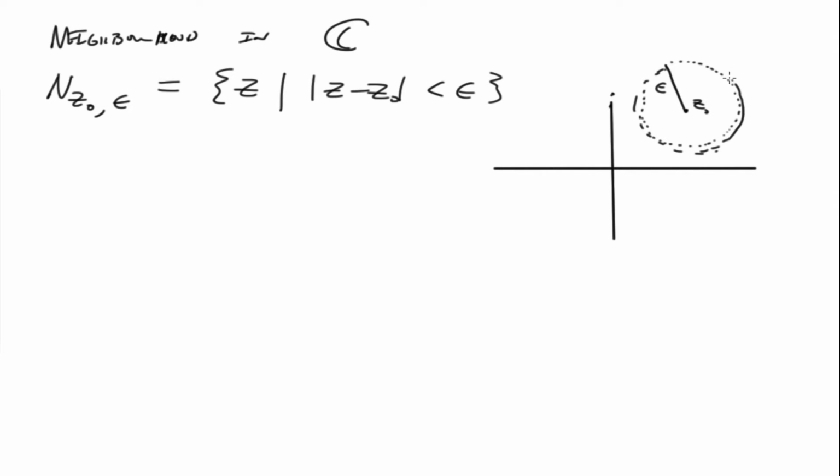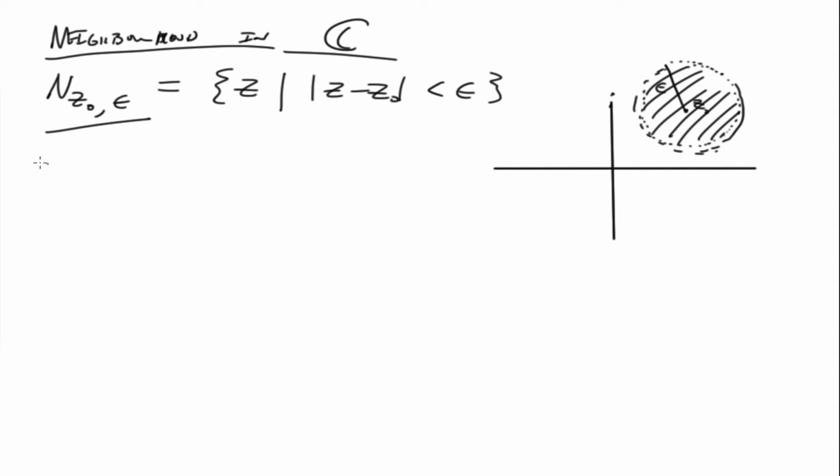Okay, so the neighborhood then is every point within that disk, all right? And that's what this expression means. And so that's a neighborhood, and we can say any neighborhood of a point, and that's what we mean. We mean this set of all the z values, of all the complex numbers that are within some epsilon distance from z naught.